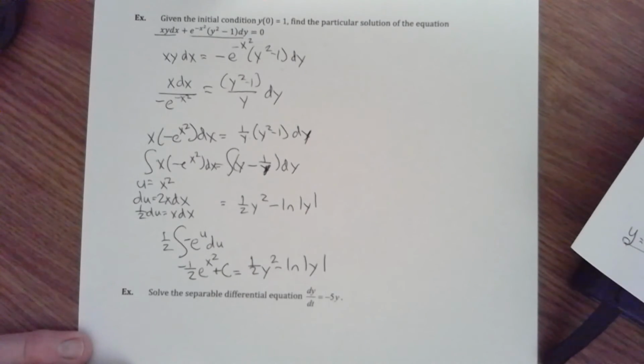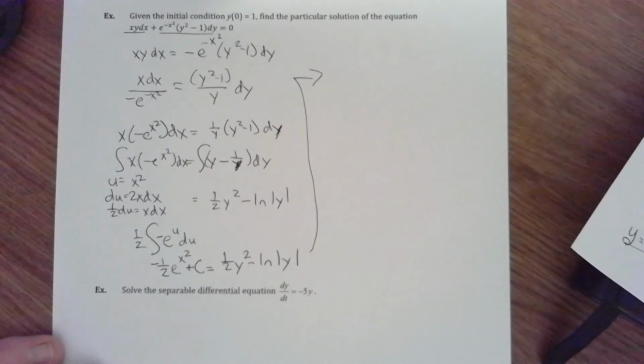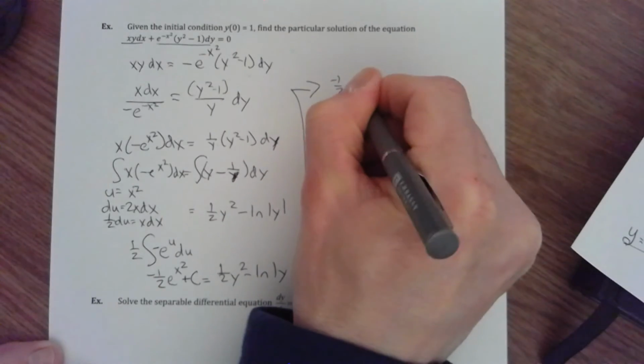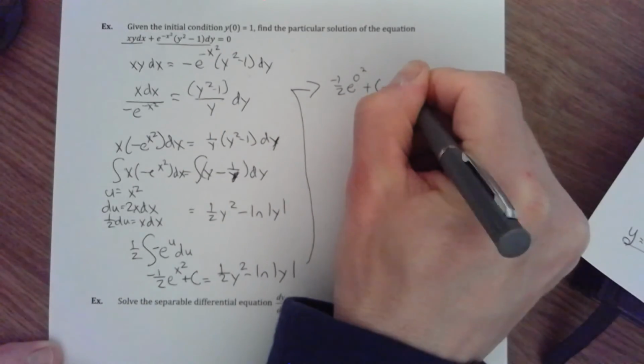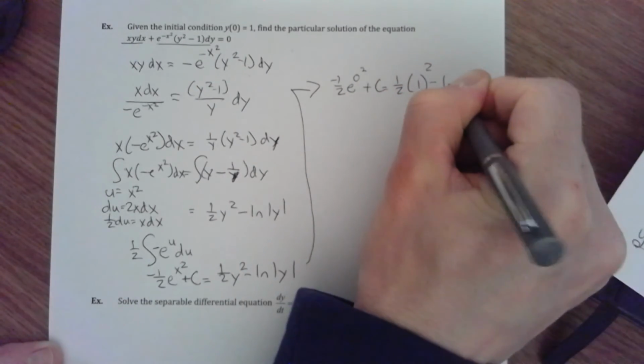And so here is what we have. Still pretty ugly looking. What I might suggest at this point is to plug in our given point, 0, 1. So we have negative 1/2 e to the 0 squared plus c equals 1/2, and my y is 1 squared, minus ln of 1.